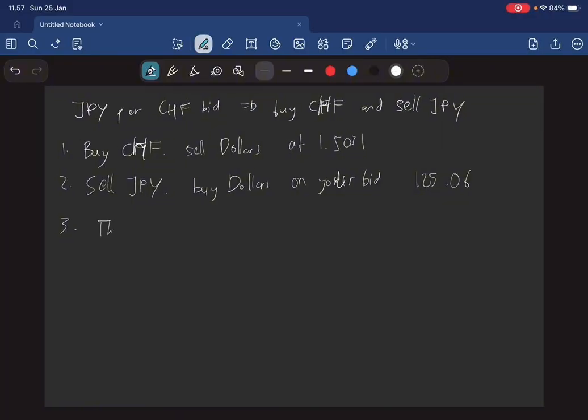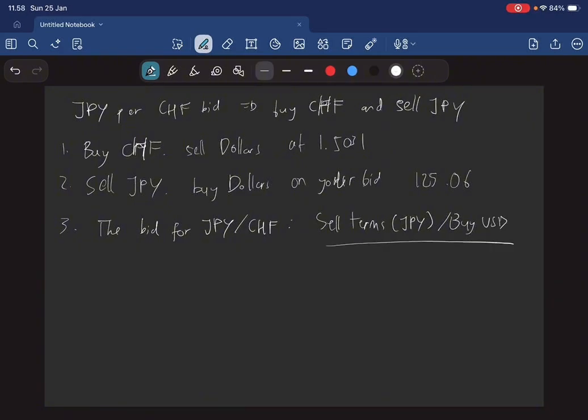So the bid for Japanese yen per Swiss franc is going to be: sell terms, which is Japanese yen, buy US dollar, and then buy base, sell US dollar.